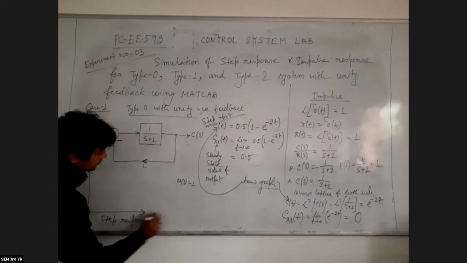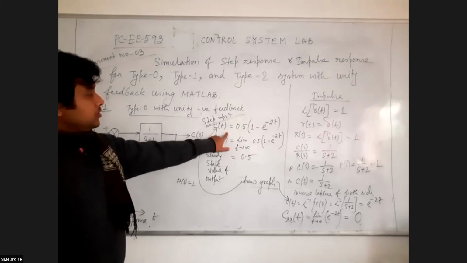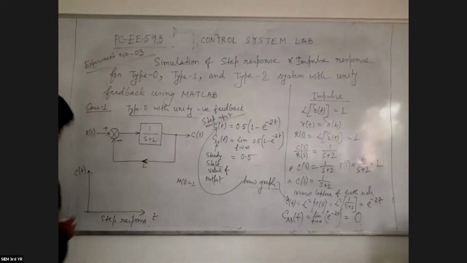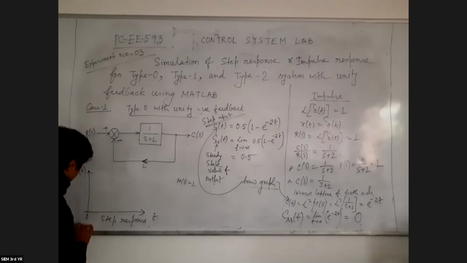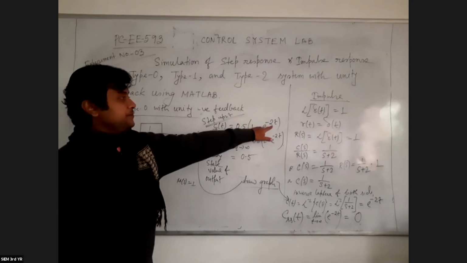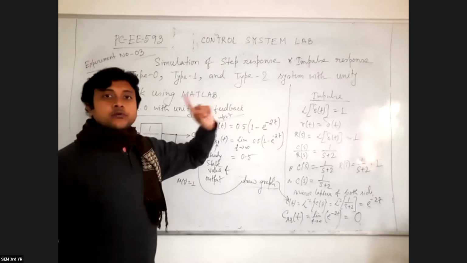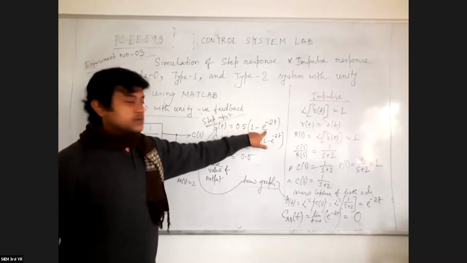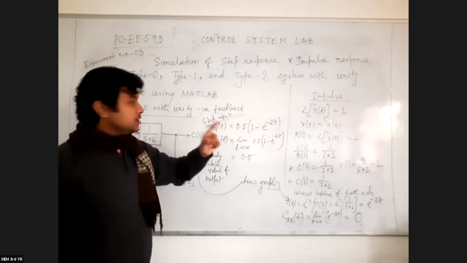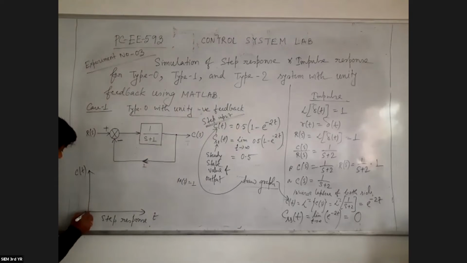Yes, sir. Okay. So this is the step response, c(t) in the time domain. Now see this graph: if I put t equals 0, e to the power minus 2t becomes 1, so 1 minus 1 becomes 0, and 0 into 0.5 is 0. So the initial value will be 0.